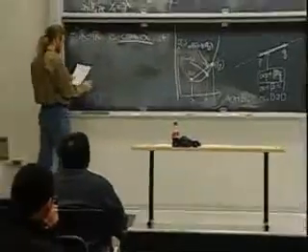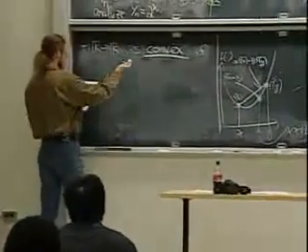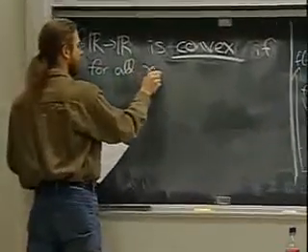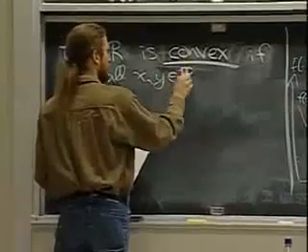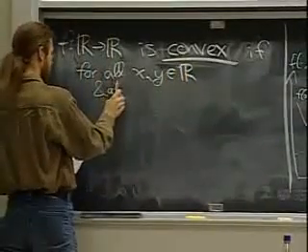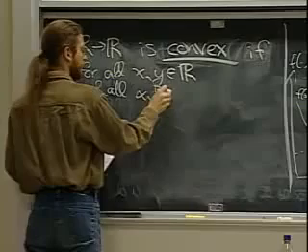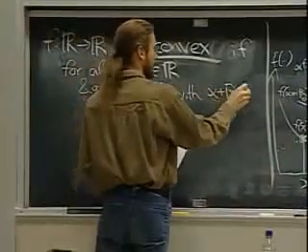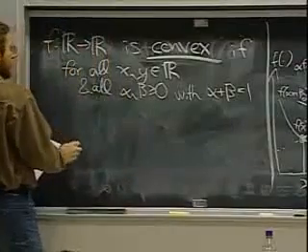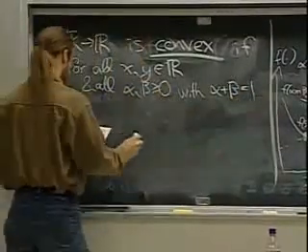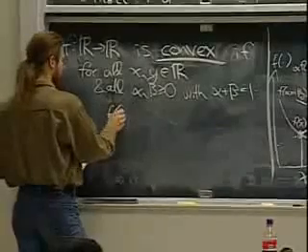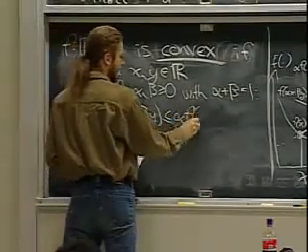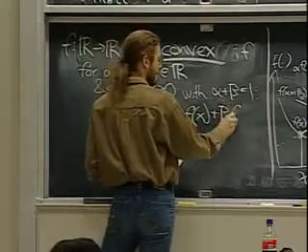So here's the definition. A function is convex if for all x and y and all alpha and beta greater than or equal to 0, whose sum is 1, we have f of alpha x plus beta y is less than or equal to alpha f of x plus beta f of y.